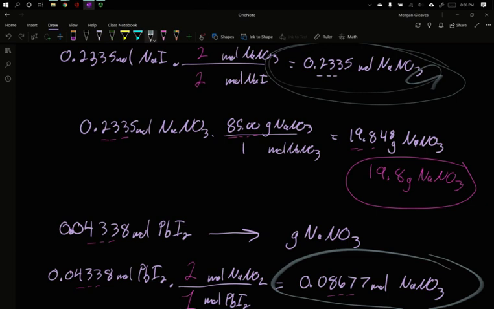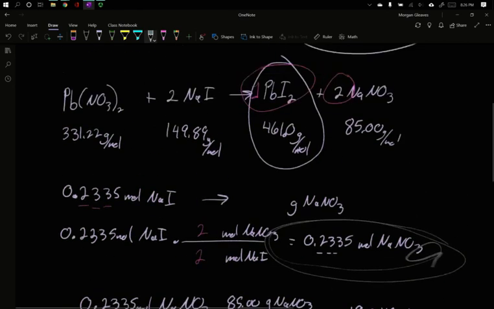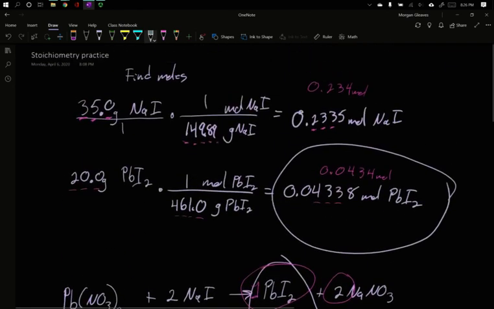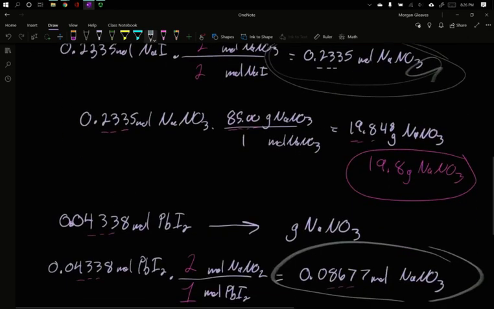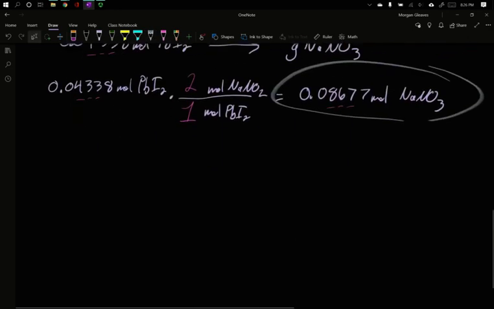Now you'll notice it's only about a third, but when we compared our lead iodide and our sodium iodide, well, almost 0.25, so almost 25 and 4-ish. This is about a fifth. I had significantly less lead iodide compared to sodium iodide. That multiplying by 2 factor meant that we got a boost to the amount of sodium nitrate. The ratio is much larger than it was for sodium iodide.